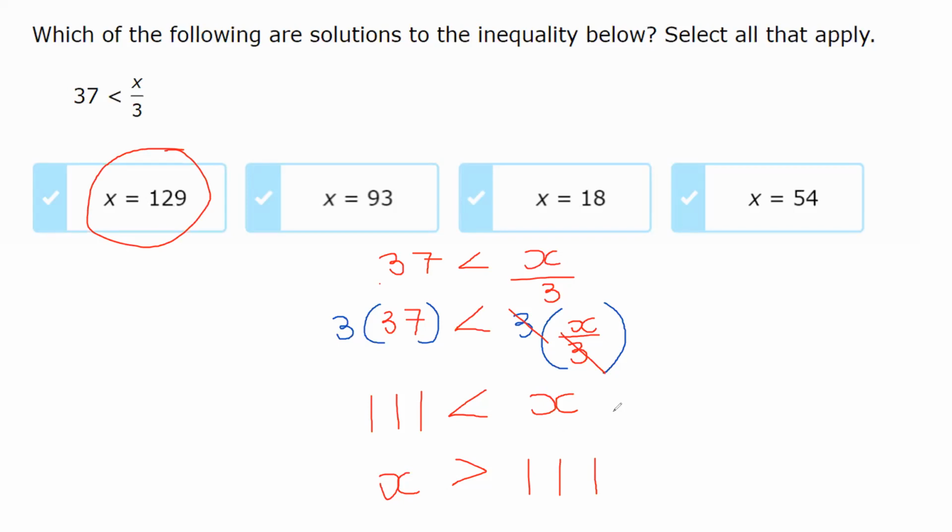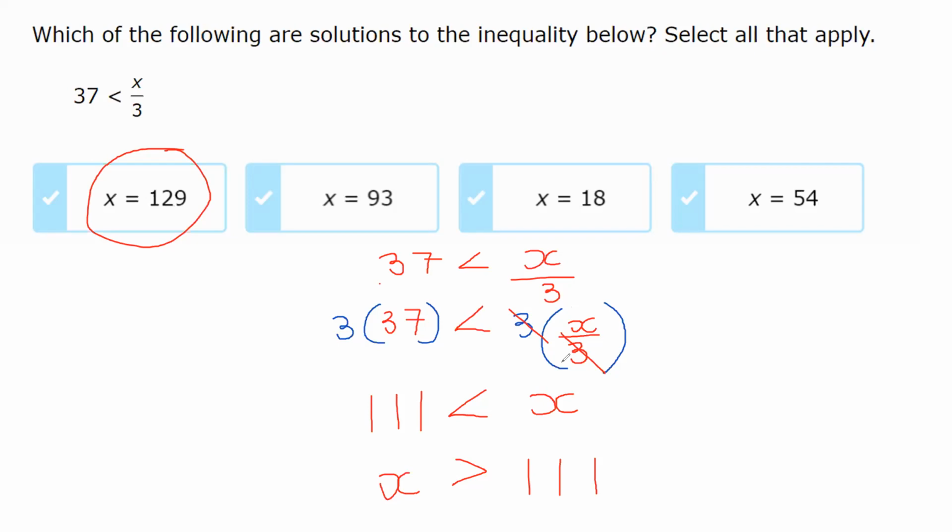And we cancel the 3s out, and we multiply the 37 by 3. And when we multiply, we get 111. Very good.